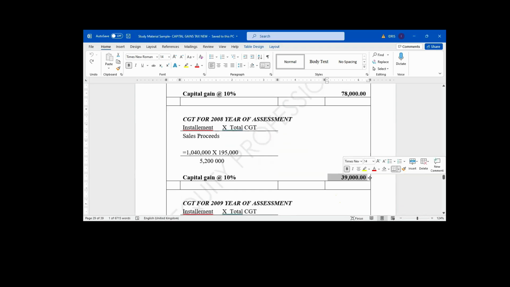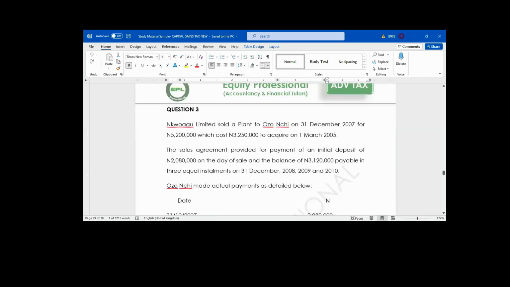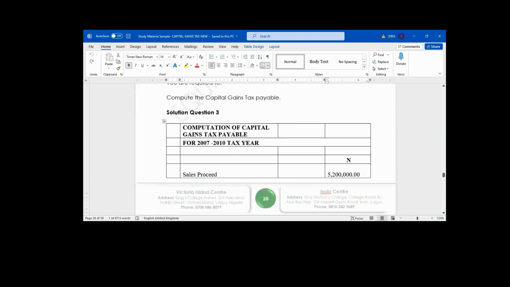That means the seller will pay capital gain tax of 39,000 in 2008. In 2009, how much does the buyer pay? The same 1,040,000.